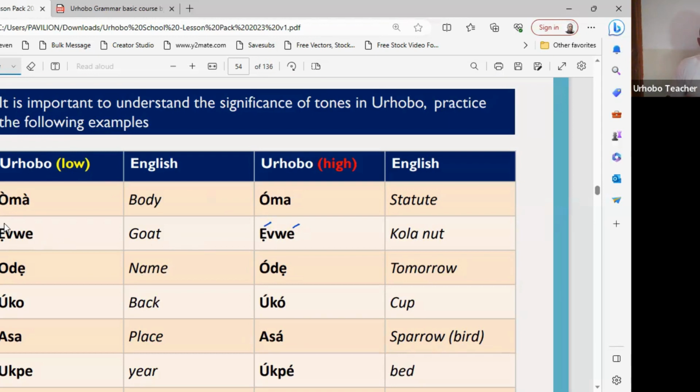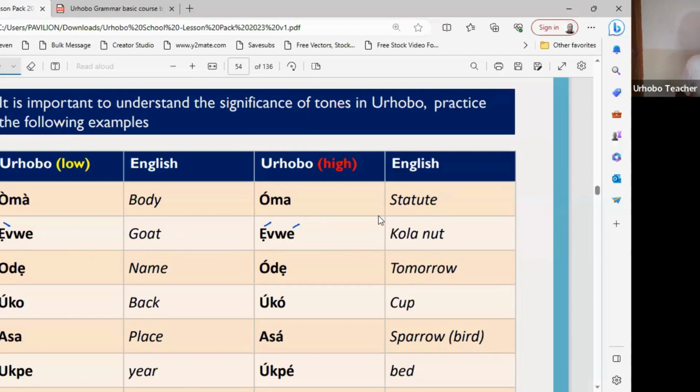Re. Now, this is the rising. Re. Why this is goats and this is kola nuts? Goats, kola nuts.